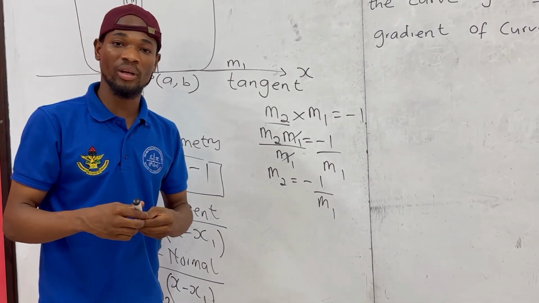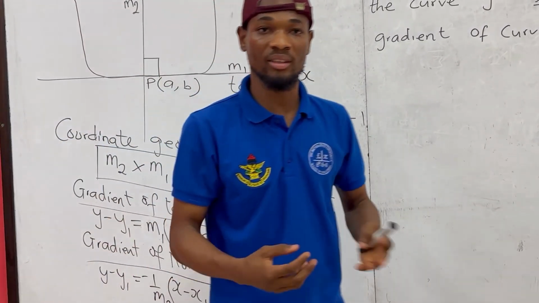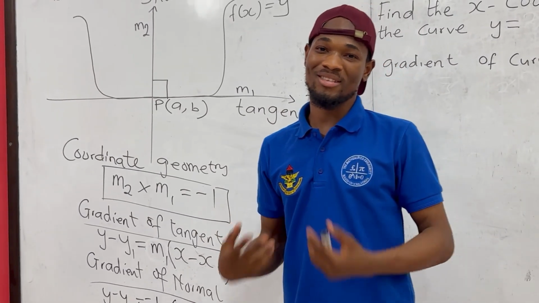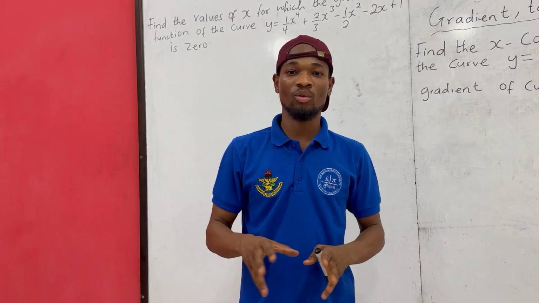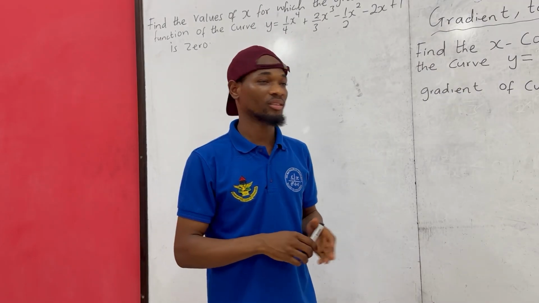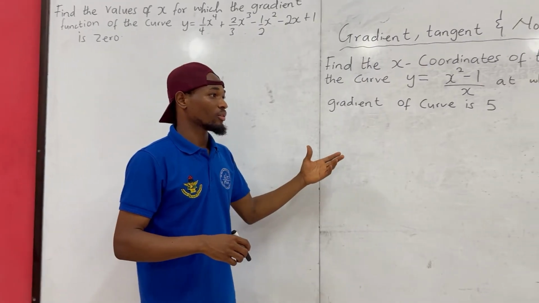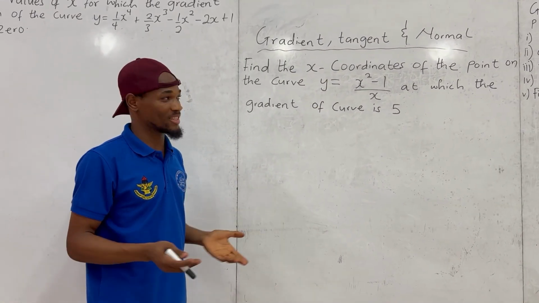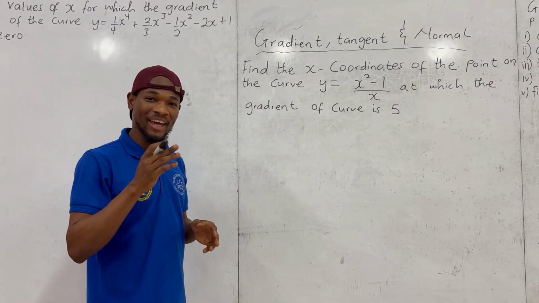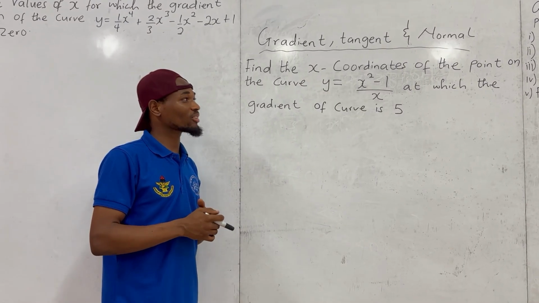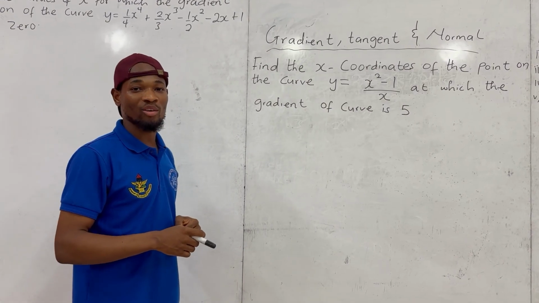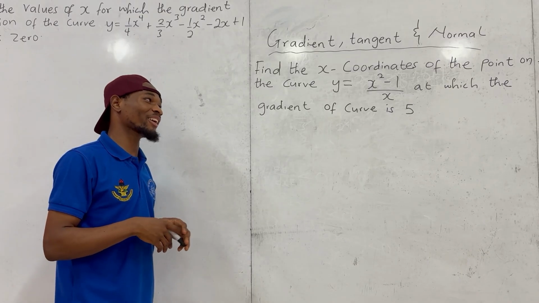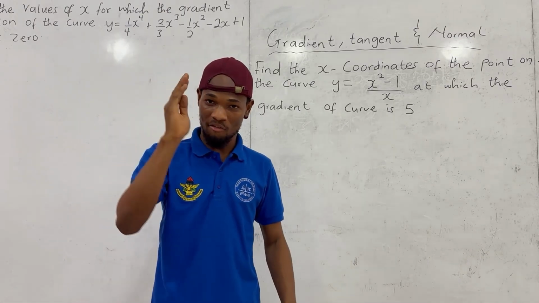So let's see how we can appreciate questions under this using the same concept. Let's solve questions. Find the x coordinates of the point on the curve y equals x squared minus 1 all over x, at which the gradient of the curve is 5.